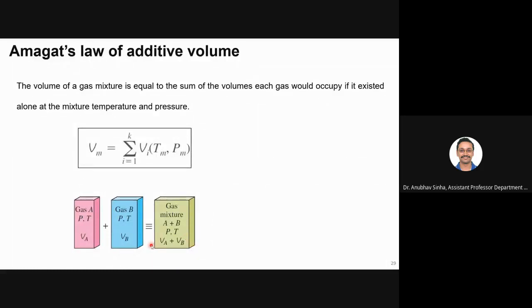This is coming from logical observation. There's nothing complicated here. It is saying if you want to mix two gases, keep a volume which is equal to the sum of the individual components. That's all. And pressure and temperature will remain constant for this particular law.